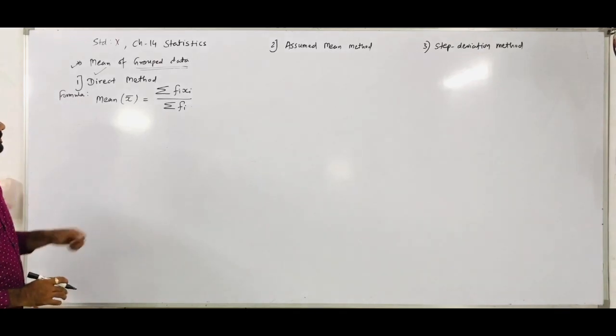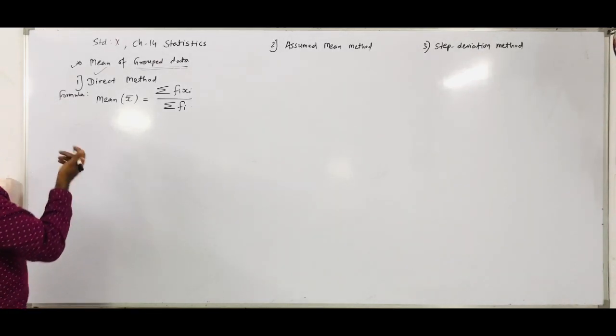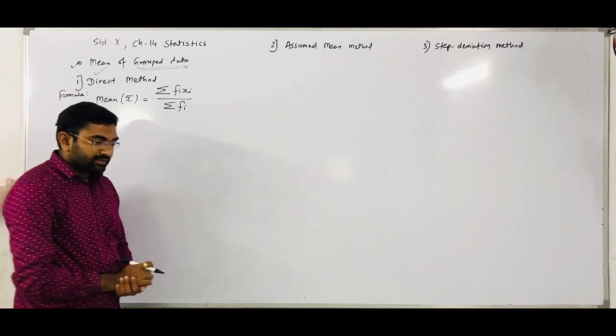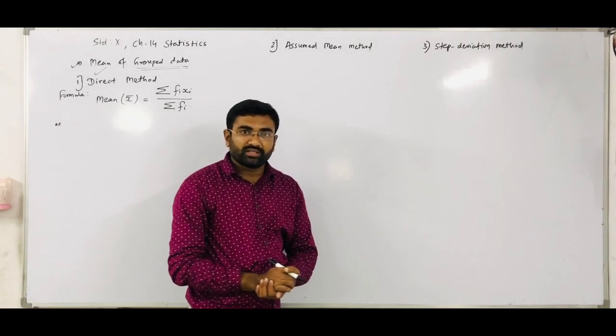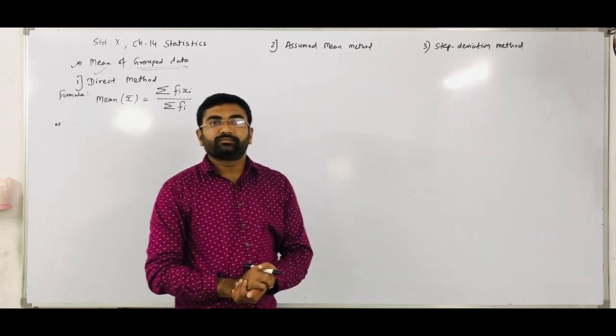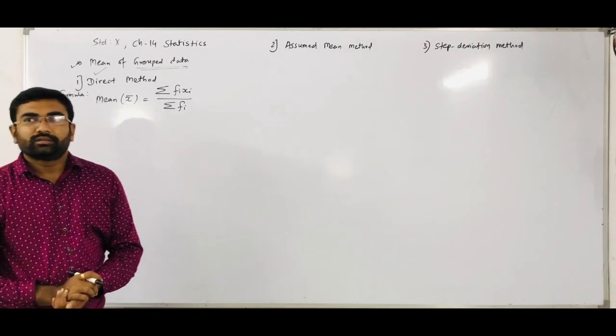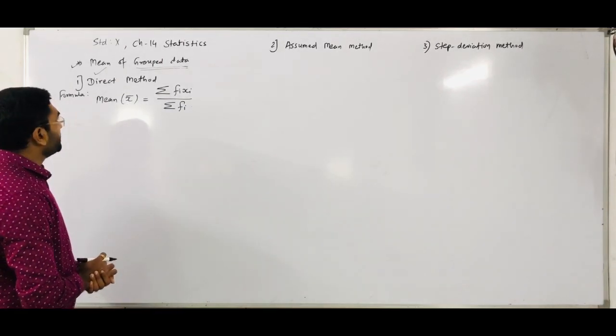Okay, now we solve one example so that you are clear on how to apply the direct method. Suppose 20 students give an exam, and it is a 50 marks exam.